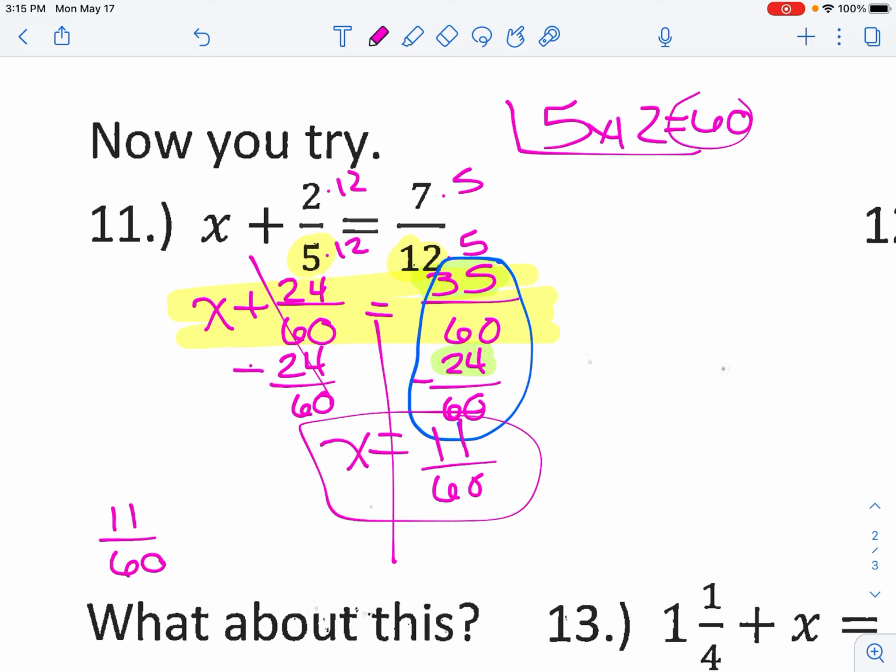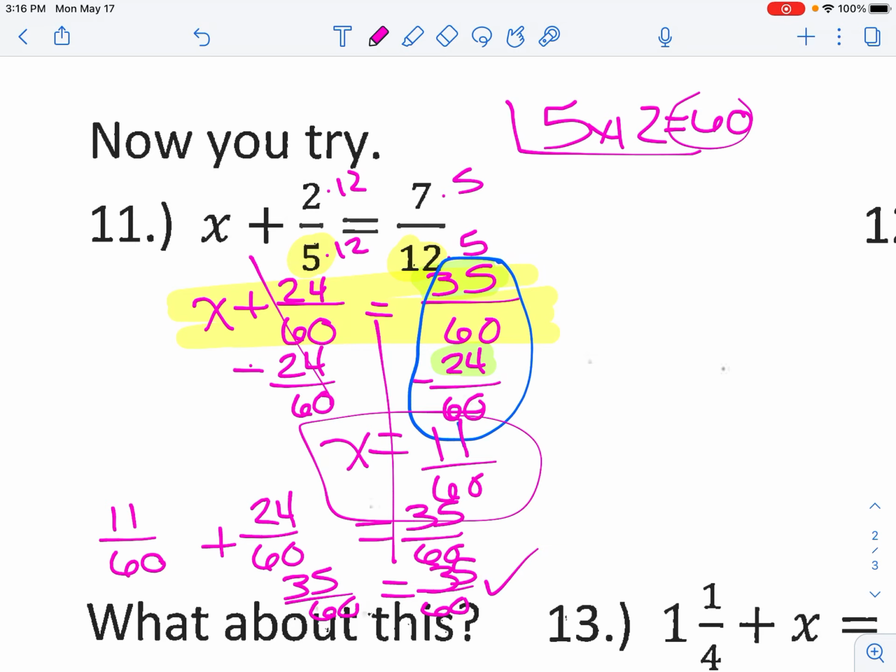So is 11/60 plus 24/60 equal to 35/60? Yes, 11 plus 24 is 35. 35/60 equals 35/60. Check. And we showed our inverse operation, we boxed our solution, we substituted for our variable, and we checked.